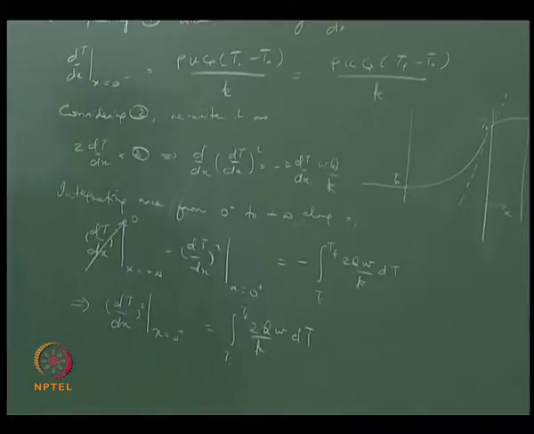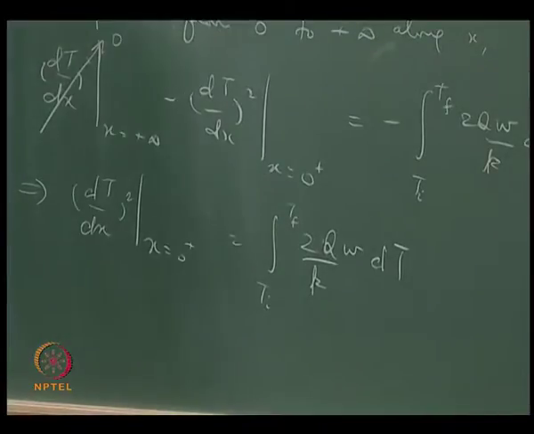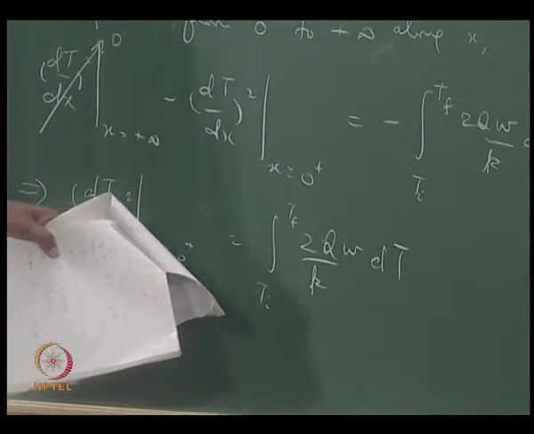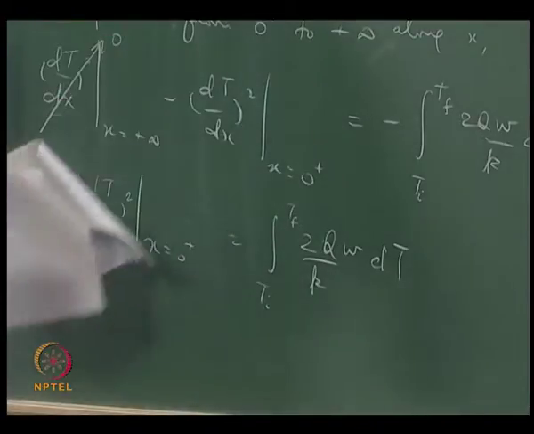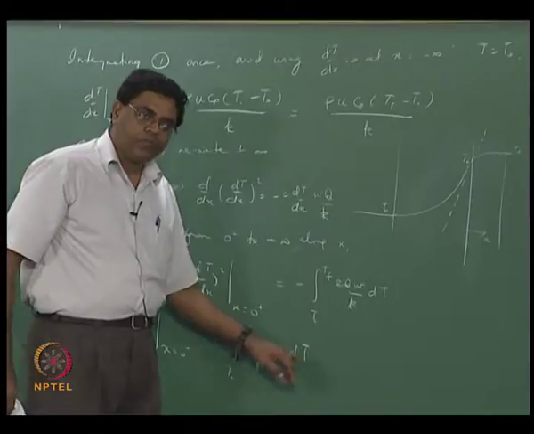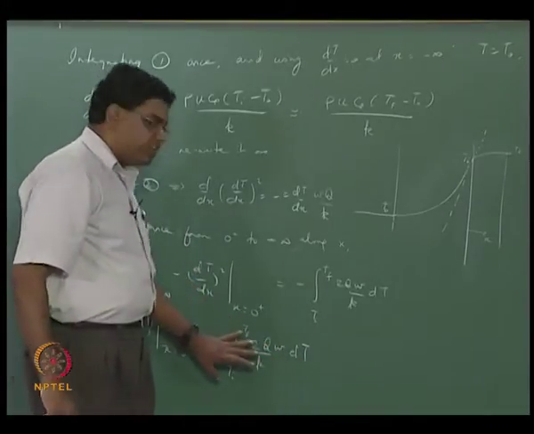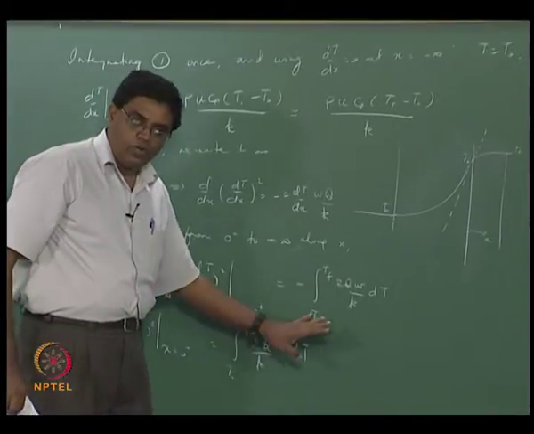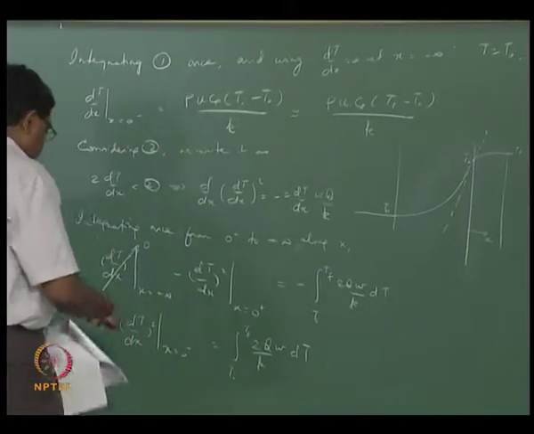So Q is the heating value, K is the thermal conductivity, those are properties of this system. W is the one that's actually varying with temperature. Okay, and so this integral essentially is of W with respect to temperature. Keep that in mind.